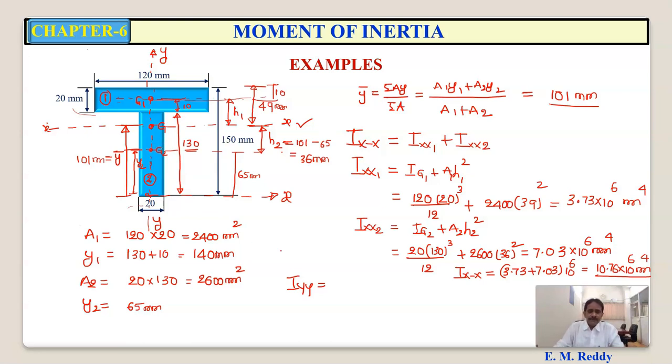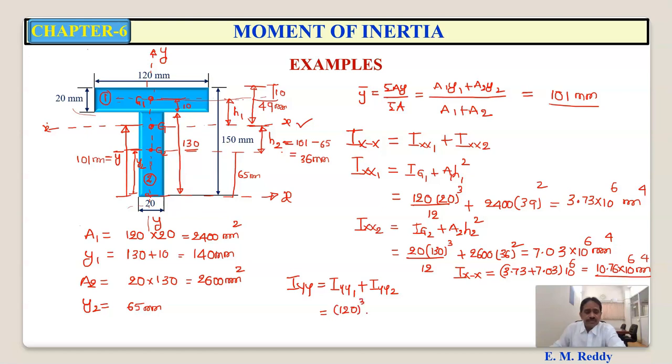Am I right? So IYY for the entire section is equal to IYY1 for rectangle 1 plus for rectangle 2. So what is the formula for moment of inertia about y-axis? B cube d by 12. For rectangle 1, B is 120.